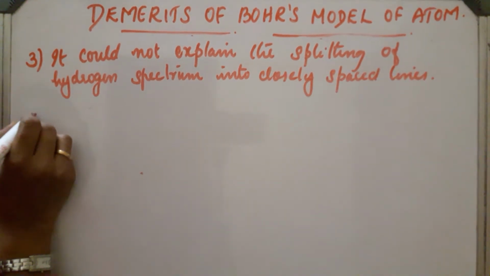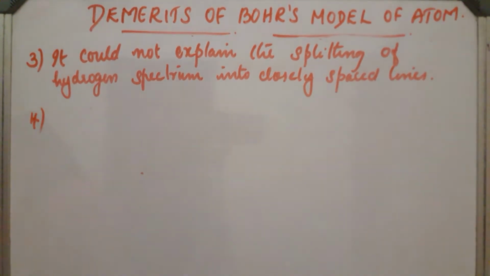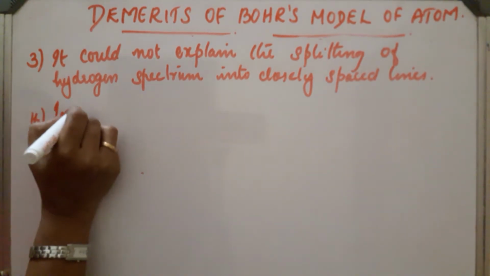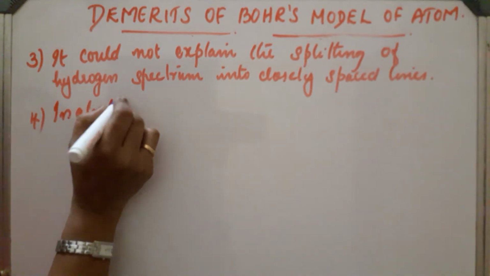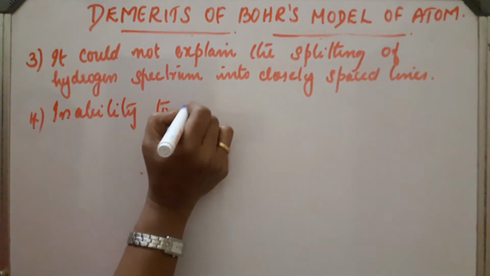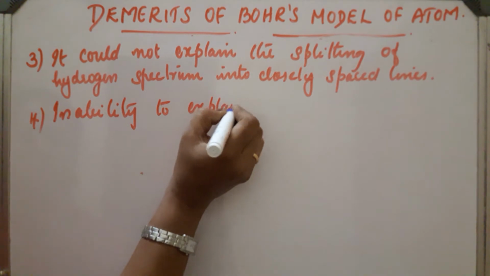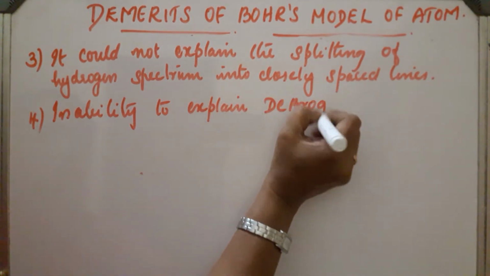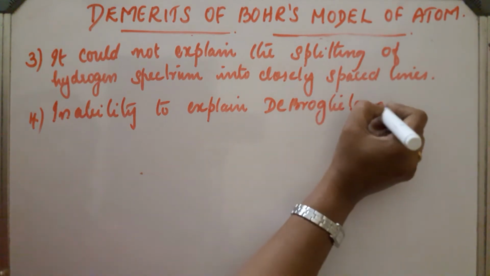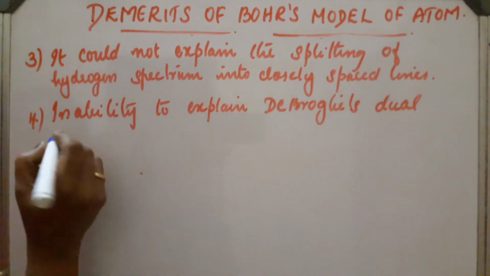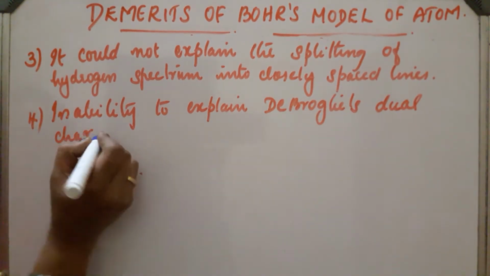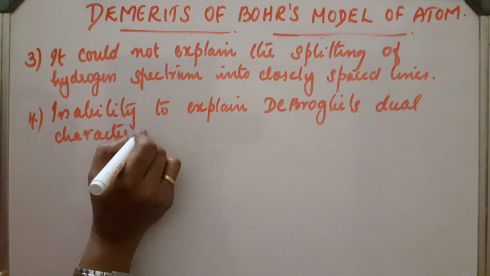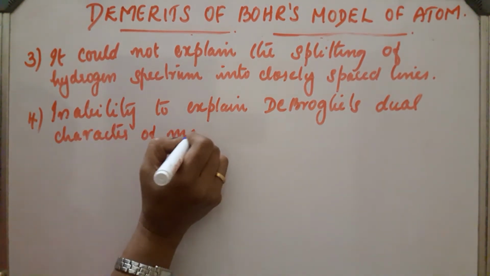Now, fourth point, it could not explain de Broglie's dual character of matter. That we will study in the next session.